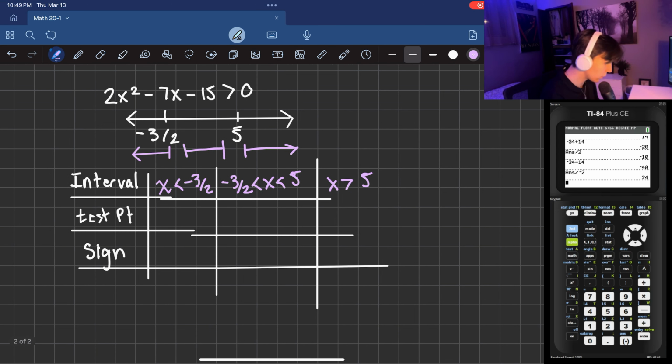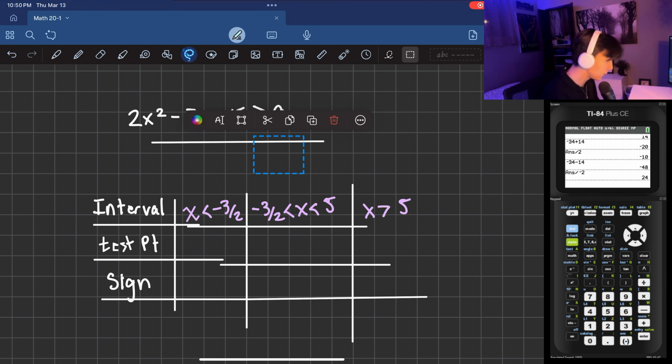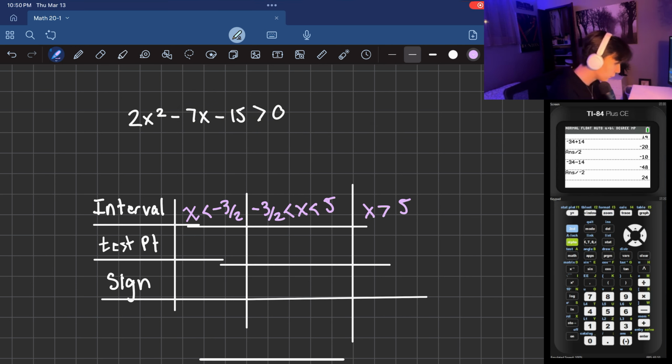So now we're going to do our test points. If we're looking for a number that's less than -3/2 for our first interval, we could use -4, for example. We're going to use the point -4 since that's less than -3/2. All we're going to do is plug it into our expression.